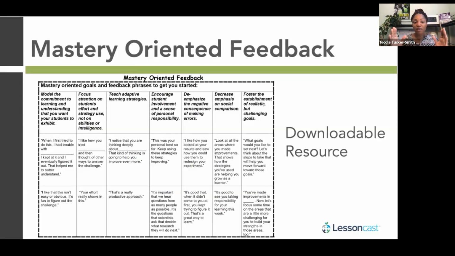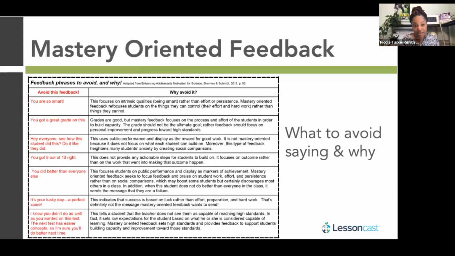Also on this card, we have phrases that we encourage. It's really sentence frames for teachers. But then the other side has things to avoid saying and why. The most common thing we often say is, you are so smart. That was so brilliant.